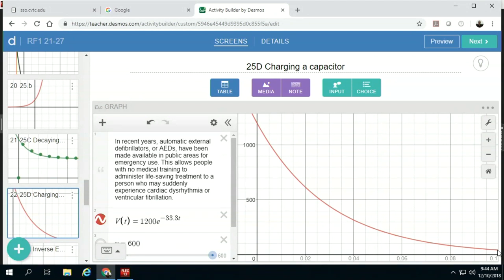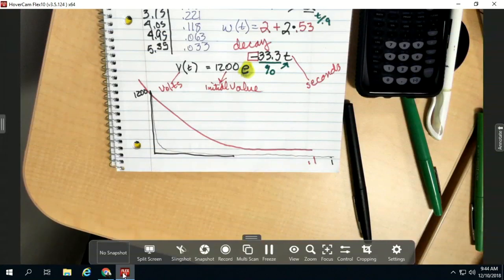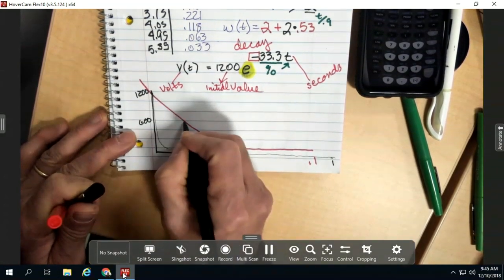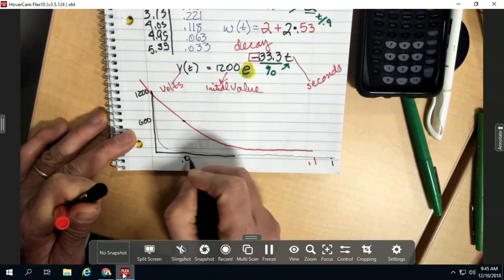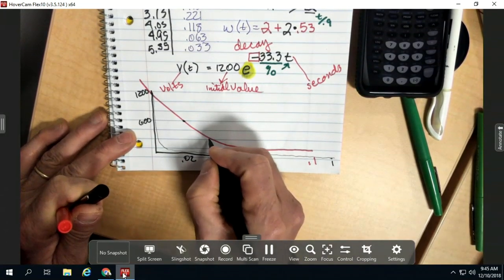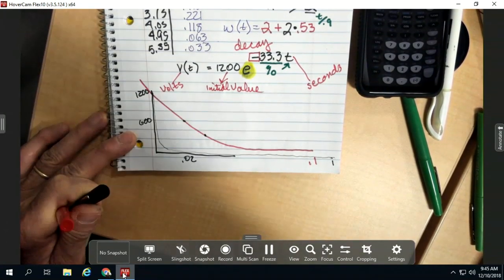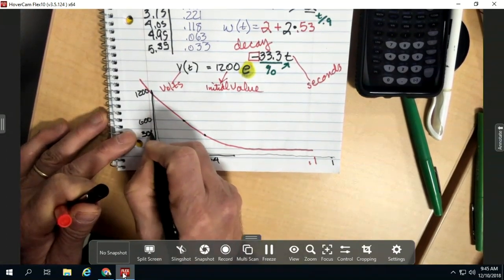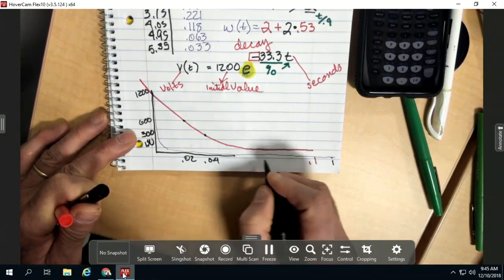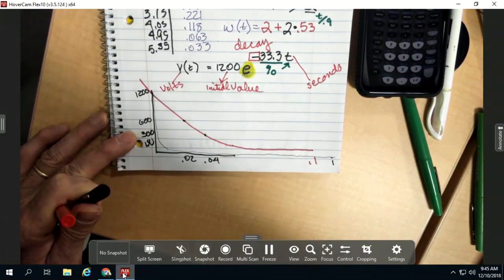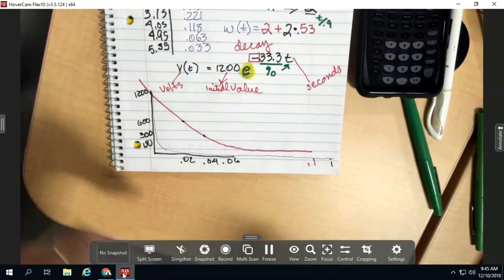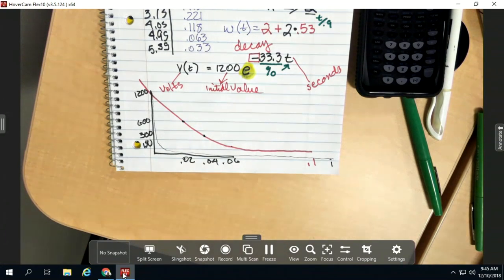So on your graph, if this is 1200, 600 would be here, and this number would be 0.02, which means 300 would be 0.04, which means 150 would be 0.06, right? Each of those is a half-life.